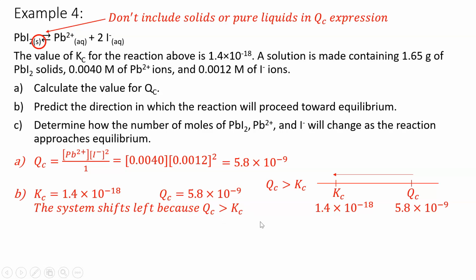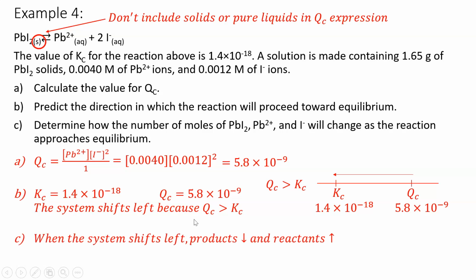You could also think in terms of whether you have too many reactants or products. In this system, we have too many products, not enough reactants, so the system has to shift backwards in the reactant direction. When the system shifts left, don't forget products decrease, reactants increase.